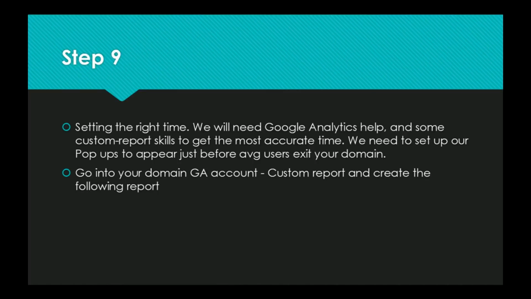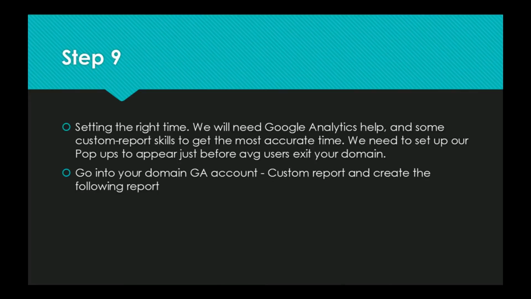I would recommend it for this tactic of specifically what we're talking about, which is basically, again, if your average bounce happens around 1 minute, you're going to want to have your pop-up come up a little bit before that, and in order to figure out what your bounce time is, you're going to need to create this custom report through your Google Analytics to just give you accurate information and you're not just wildly guessing.